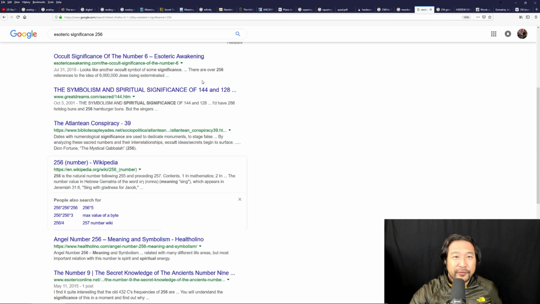For 144, you do 1 plus 4 plus 4 equals 9, and then you can find the symbolic representation of 9 from that number. 128 would be 1 plus 2, which is 3, plus 8, which is 11, and you get 1 plus 1, which is 2. So you get the digital root of 2 with 128. Anyways, you're going to have a lot of significance with 144, 128, and all this other stuff, and that can all be divided by 8 pretty easily.